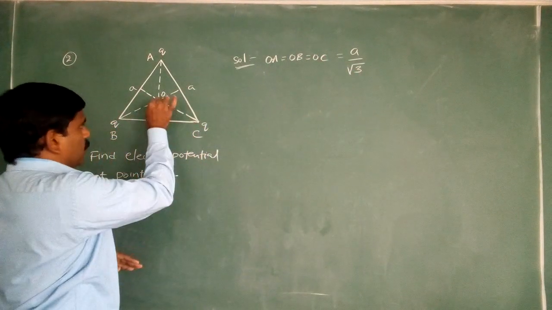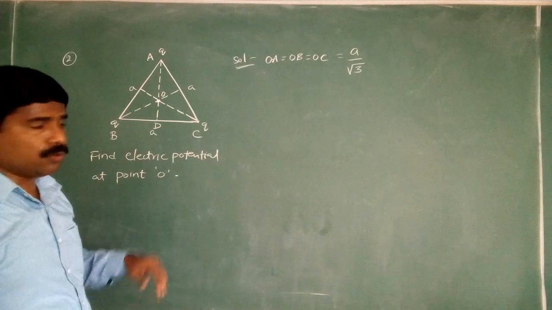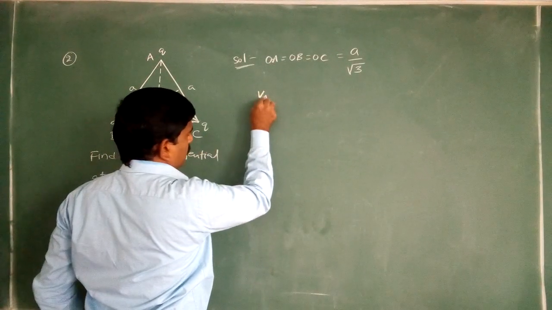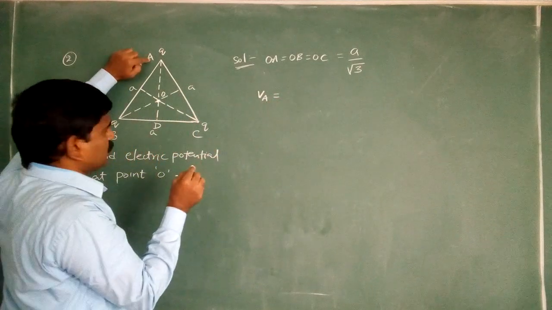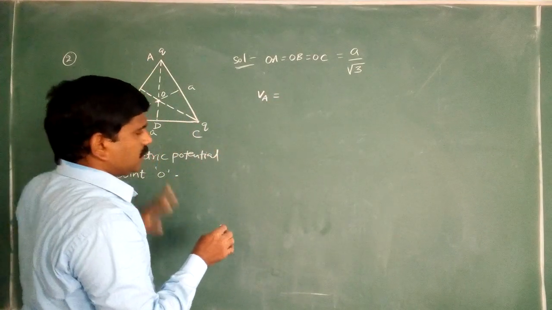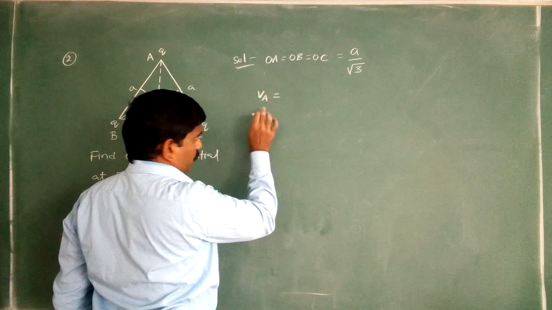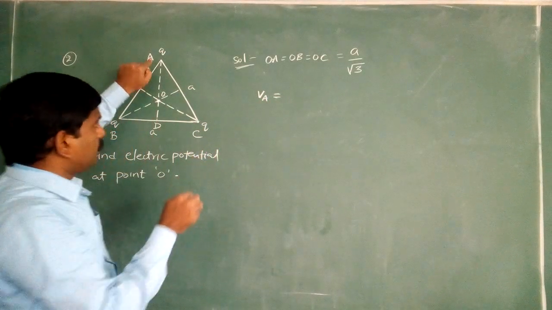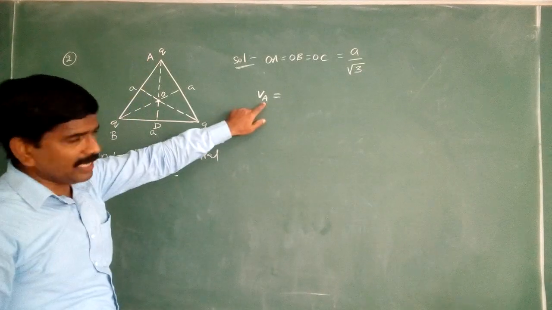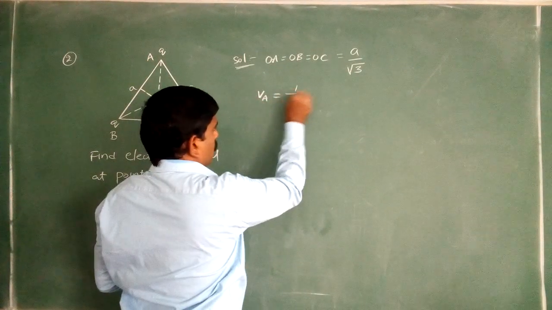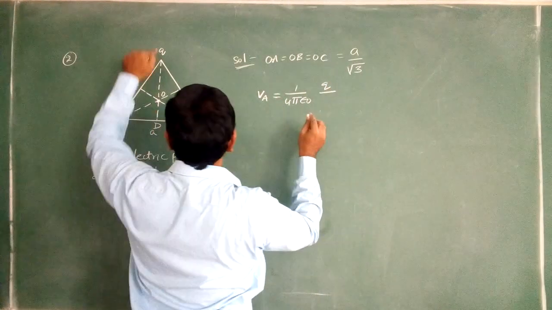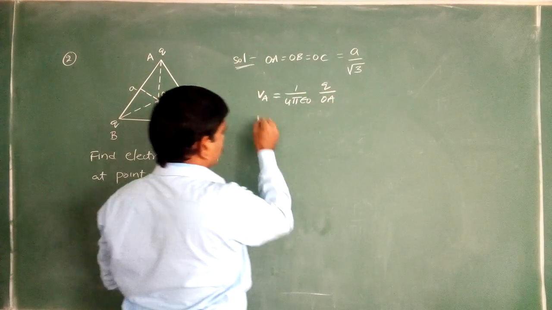Now we want to find the electric potential at point O due to the first charge. The potential VA at point O due to this charge is 1 by 4 pi epsilon naught into Q by the distance, which is OA.